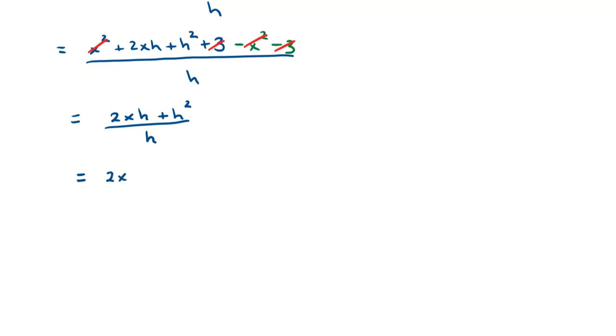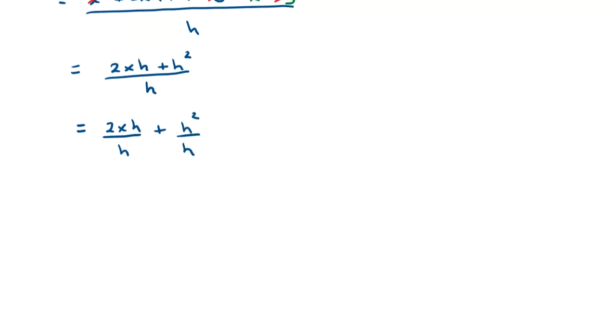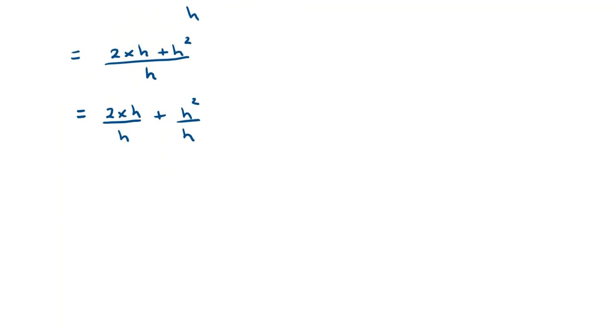So I'm going to have 2xh over h as one fraction, plus h squared over h as my second fraction. And we're going to get some simplification here as well. Namely, the h's will divide out in the first fraction, and then this denominator of h is going to reduce h squared to just h to the power of 1. So there's going to be an h left over.